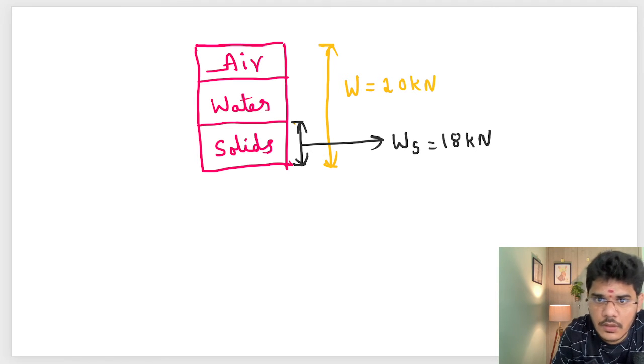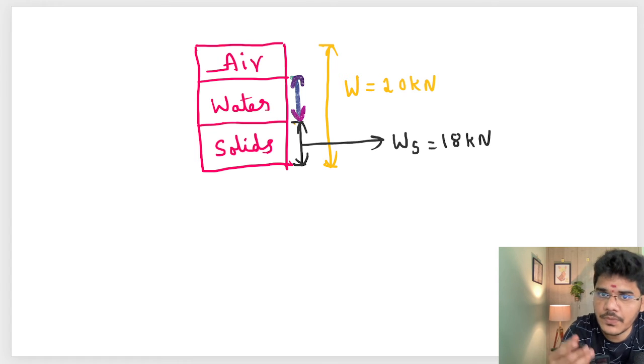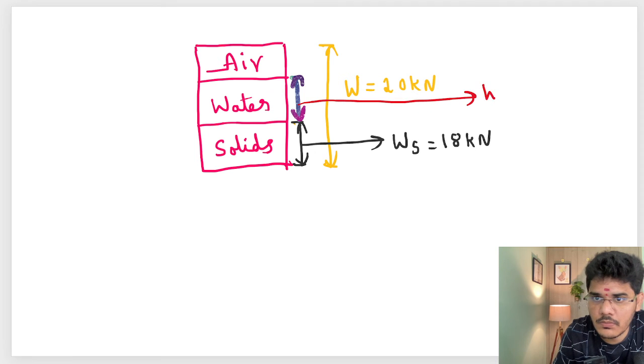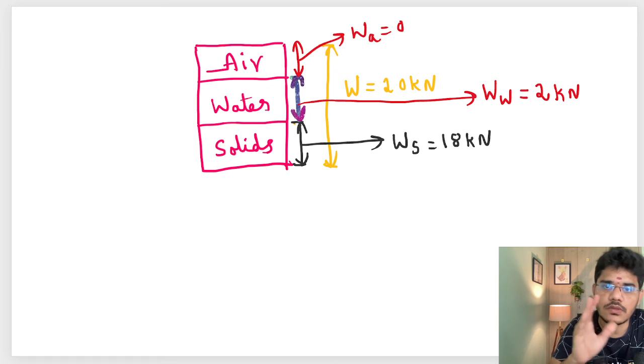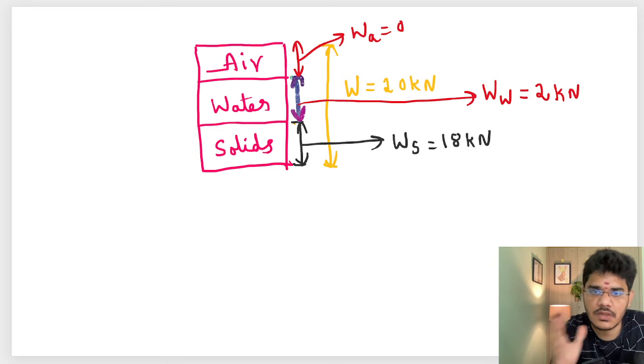Now if you know the total weight and weight of solids, we can calculate the weight of water. Weight of water is 20 minus 18, 2 kilonewton. The weight of air is negligible, so it will be 0. So we have filled the three-phase diagram on the right hand side.